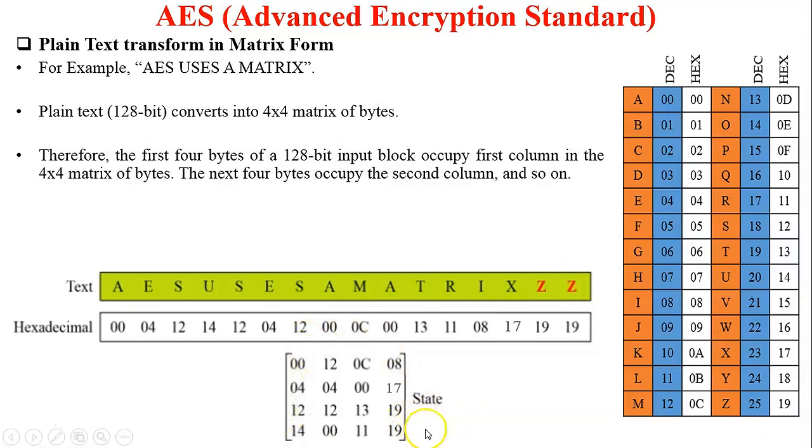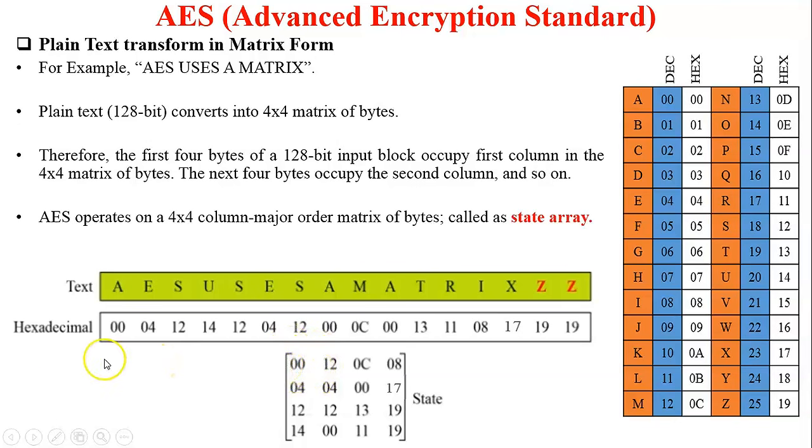So this is a 16-byte matrix. In 00, the first 0, on the left-hand side, occupies 4 bits and the right-hand side 0 occupies 4 bits. So in total 8 bits, we can say it is 1 byte. AES operates on a 4x4 column-major order matrix of bytes, and this is called the state array. So this matrix converted from plain text is called the state array.